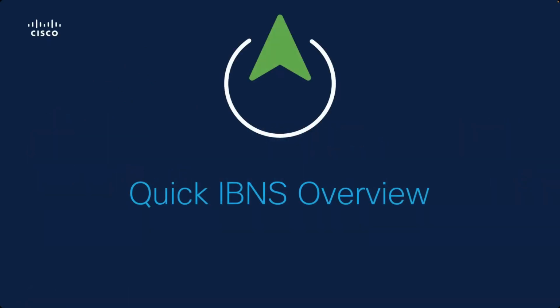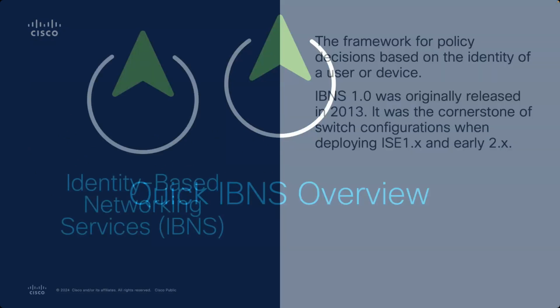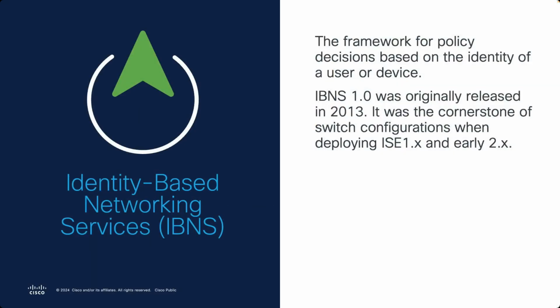Getting into the quick IBNS overview. What is IBNS? So IBNS is the framework for all our policy decisions based on the identity of a user account logging in, of a device trying to connect to our network. IBNS 1.0 was originally released in 2013 in early versions of IOS 12.